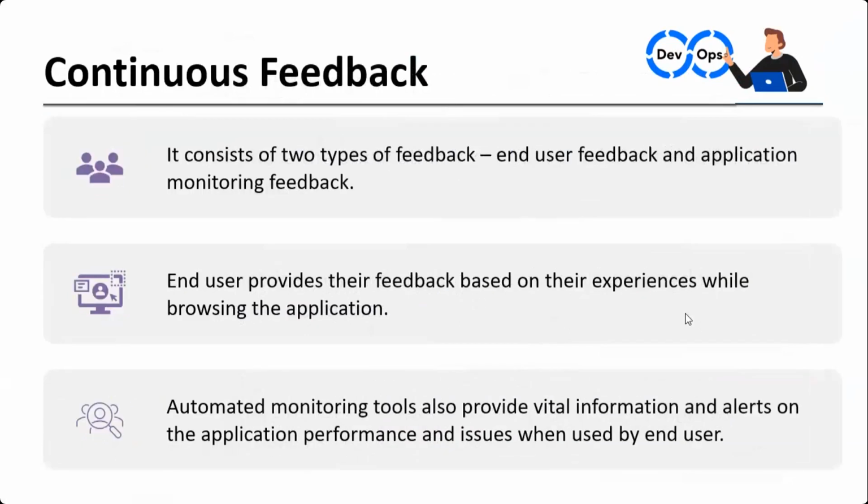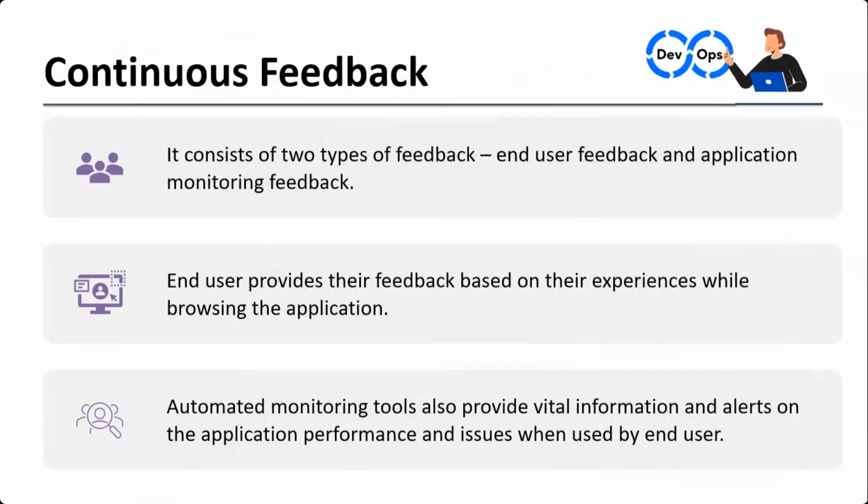Then we have continuous feedback. Continuous feedback is a phase where we integrate insight and feedback from end users. There are two types of feedback: end user feedback and application monitoring feedback.